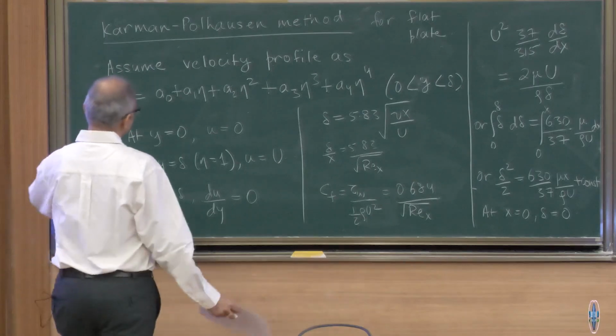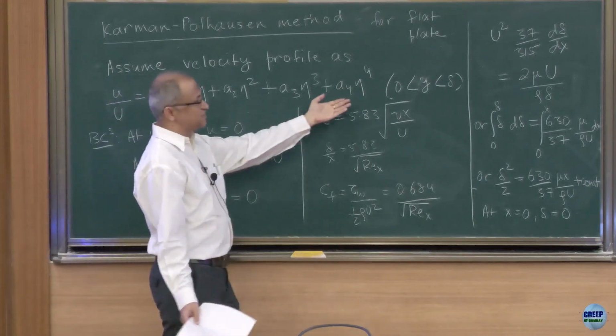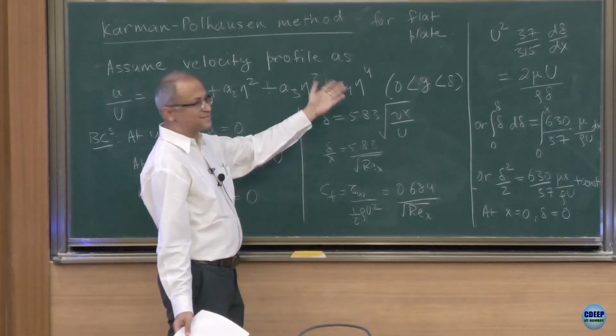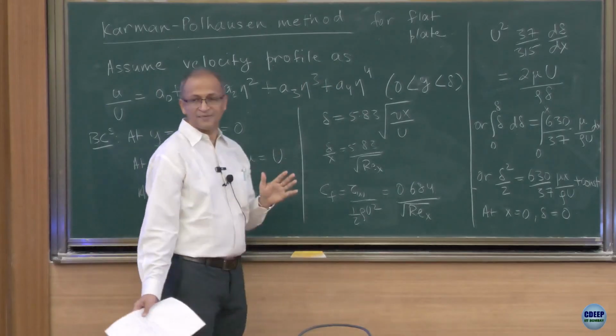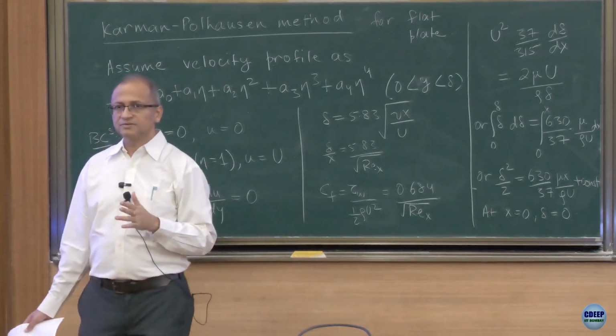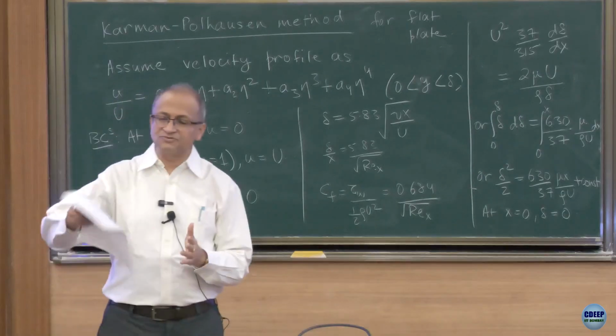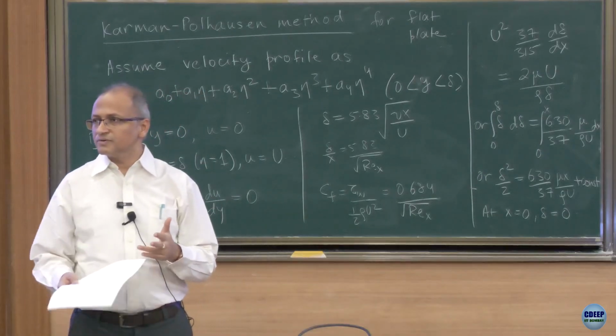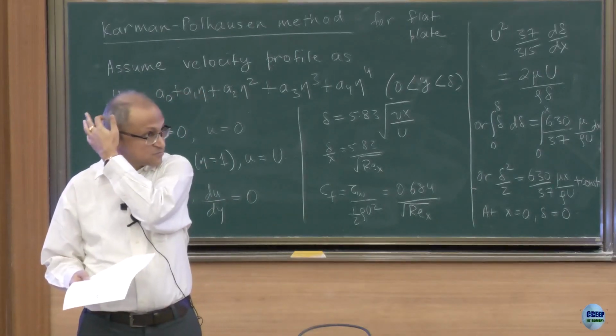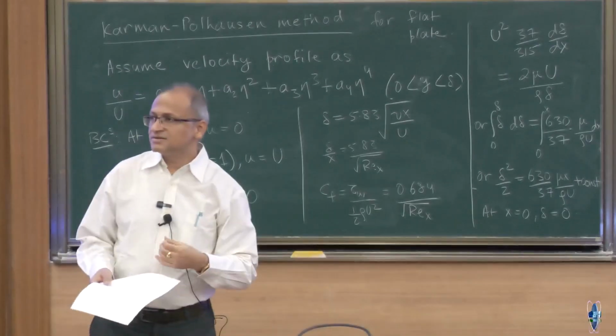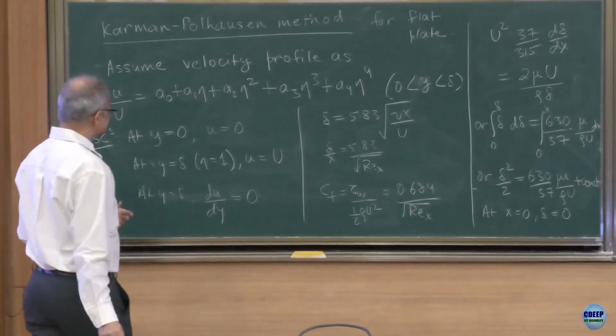Now we can come back here and say, if we had not assumed this, let us say that I assume a linear velocity profile. I don't even like this curvature and so on. So what are the conditions that I should use here?